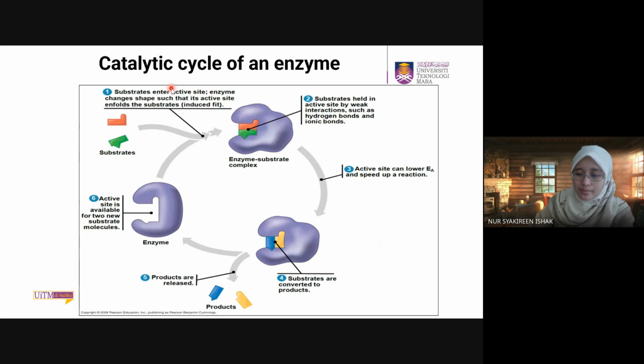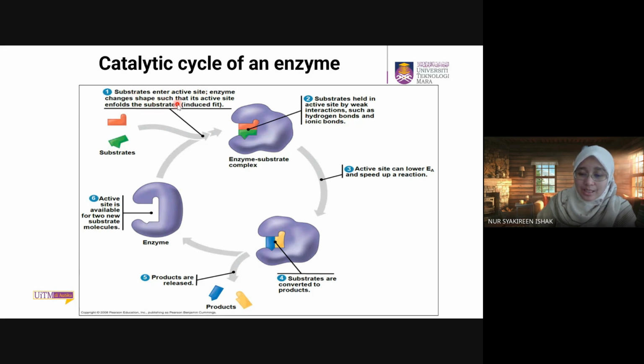Okay, so next, the catalytic cycle of an enzyme. This diagram shows you how the reaction occurs with enzymes. The first one is the substrate. In this case it involves several substrates. The substrate enters the active site.